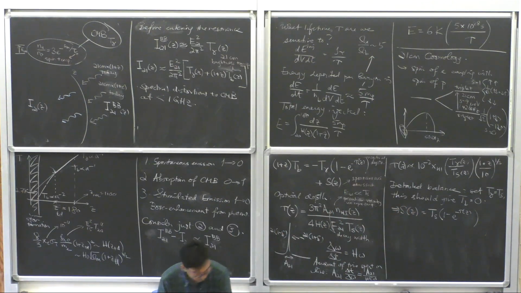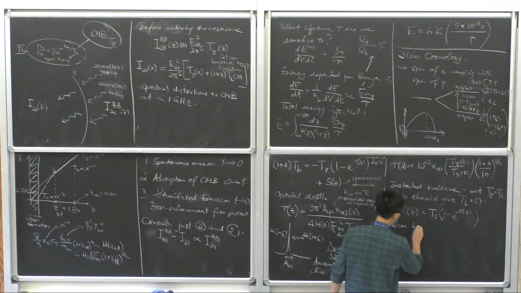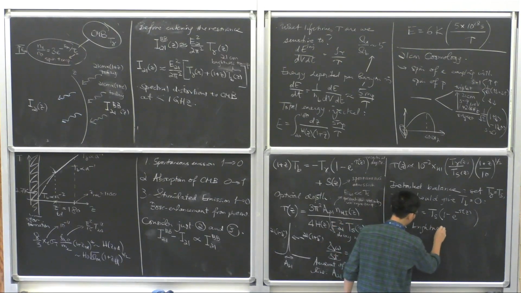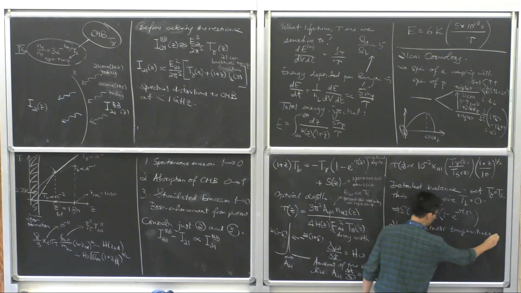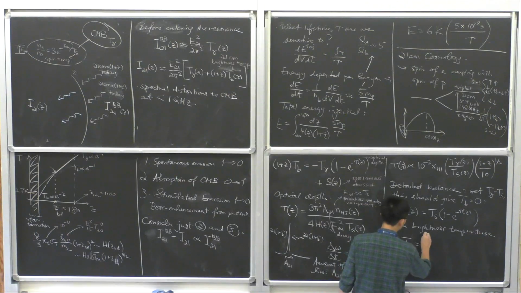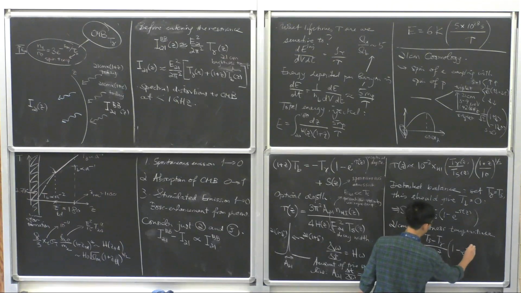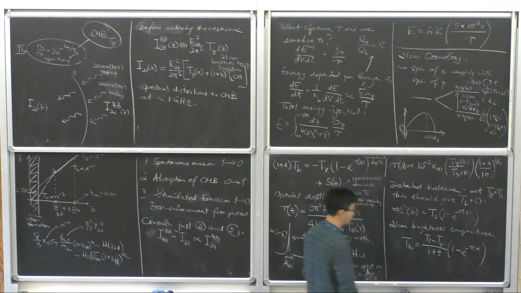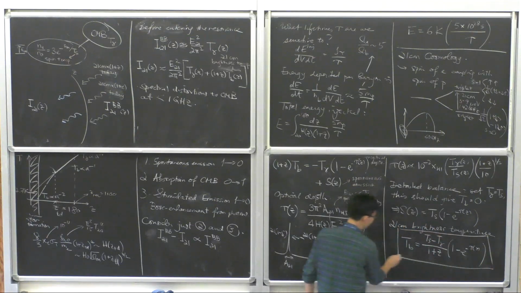So at the end of the day, the signal that you're after, which is the 21 cm brightness temperature, is TB equals (TS minus T gamma) over (1 plus Z), times (1 minus e to the minus tau of Z). Okay? And this is the thing that you're trying to measure.